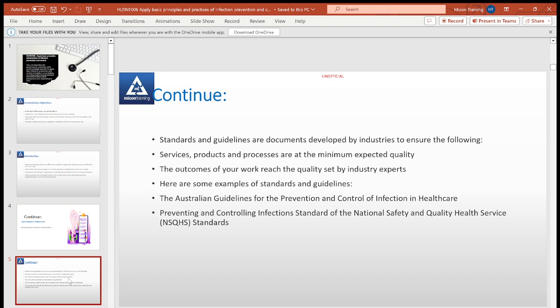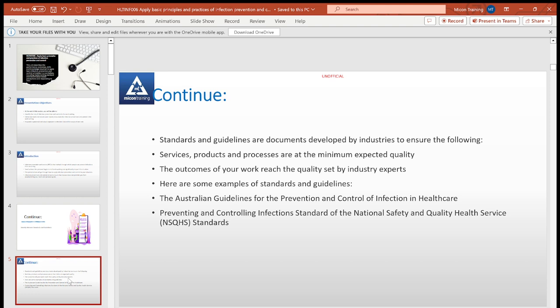So standards and guidelines are documents developed by industry to ensure the following. 1. Services, product, and process are at minimum expected quality. 2. The outcome of your work reach the quality sets by the industrial experts. 3.